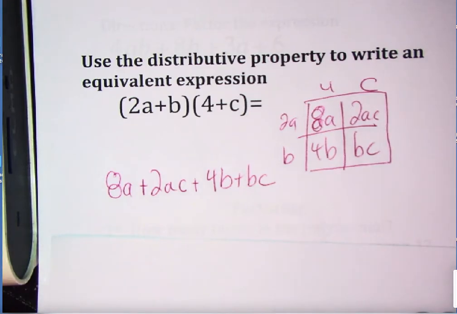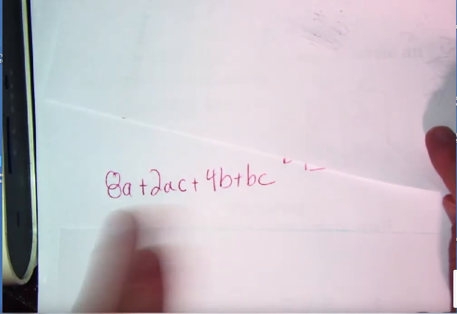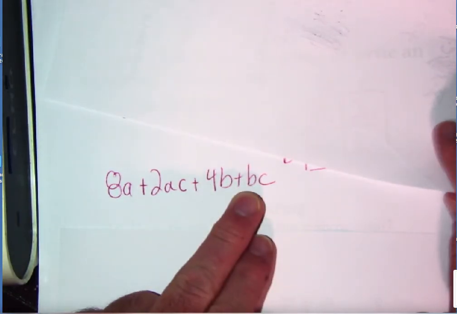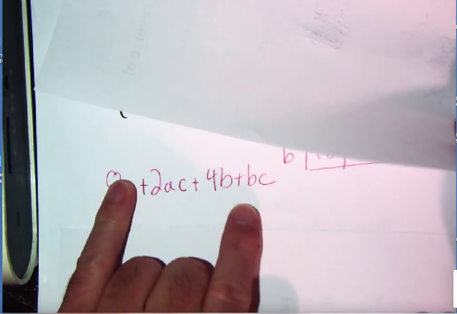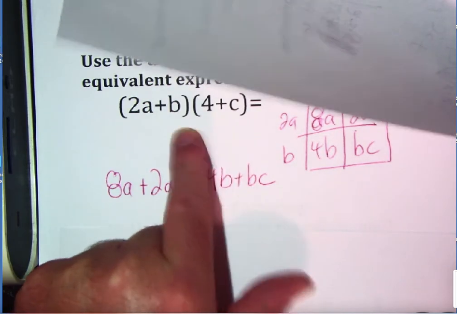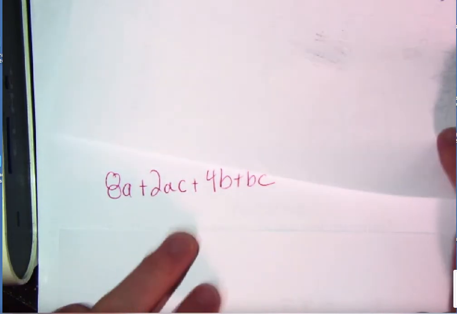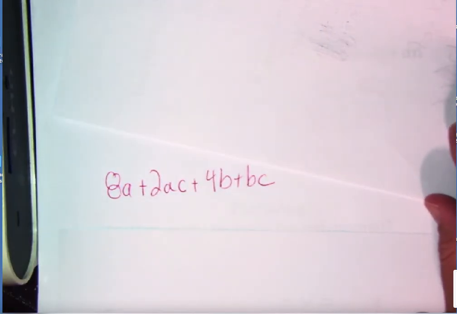Okay. And are there any like terms? No. All right, so my question to you, and what we're trying to solve is, if we have these 4 terms, could you find what times what equals these 4 terms? Could you go backwards? Because this times this equals this. But imagine we didn't know what's up here.